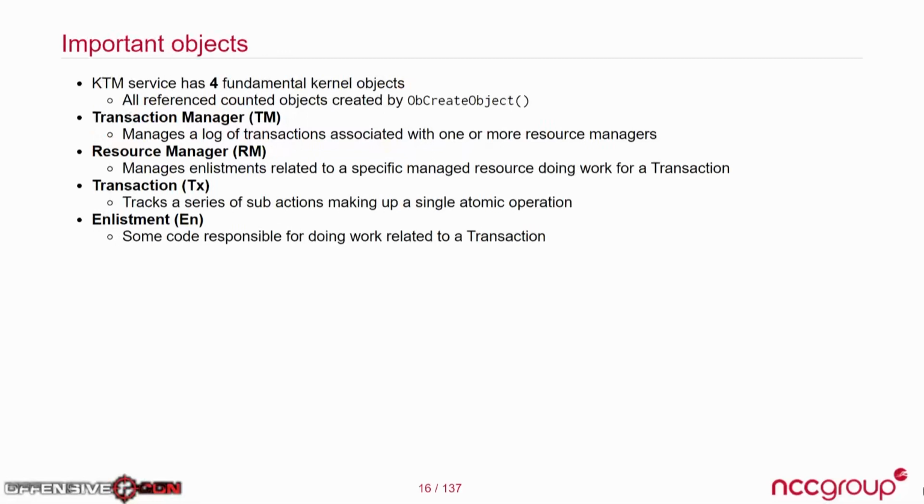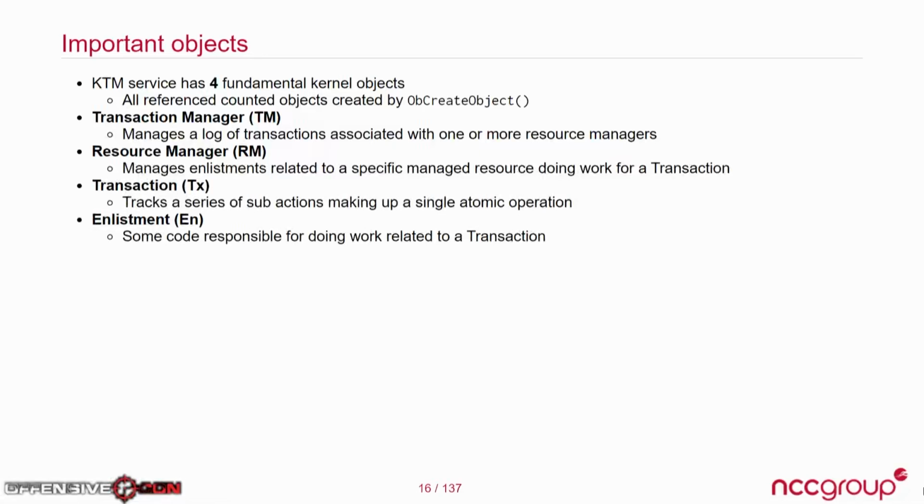After browsing the MSDN pages a lot and playing with it by writing some C code to interact with it, we understood that there were four different objects that were really important for talking with KTM. They're all reference counted: the transaction manager, the resource manager, the transaction, and the enlistment. The transaction manager manages the logs that allow you to revert to a previous state.